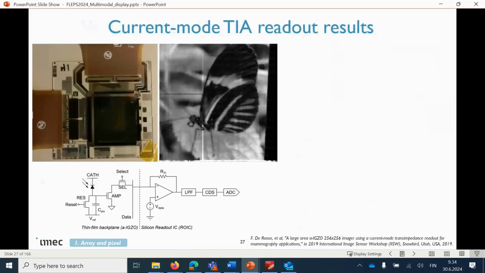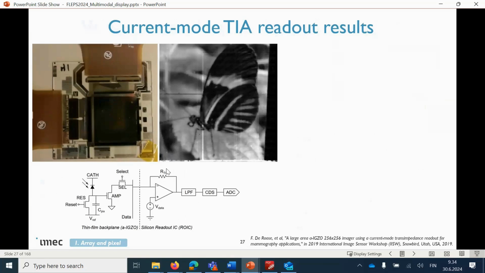Second is the current mode, and here you can see an implementation that we did in IMEC in a consortium some years ago. We implemented the current mode TIA to have a fast readout. You can see the basic schematic here. Besides the current mode pixel, we had also a transimpedance amplifier.